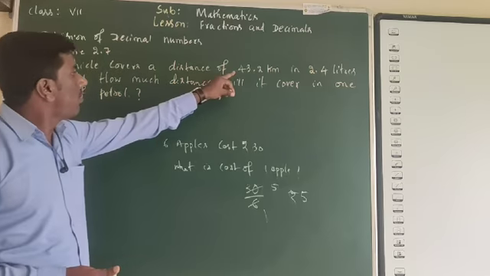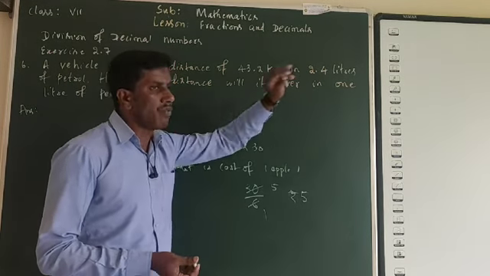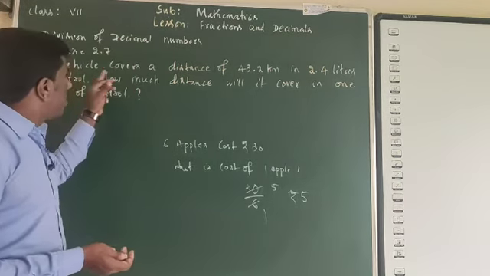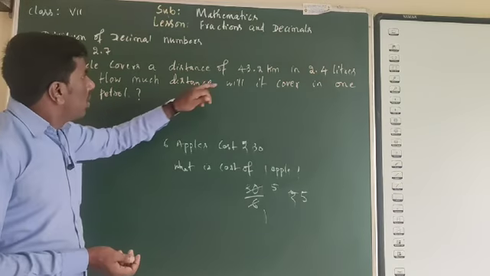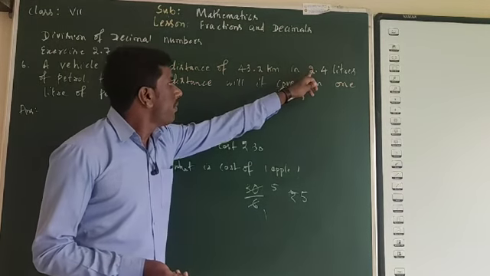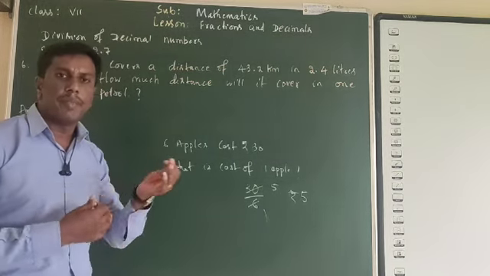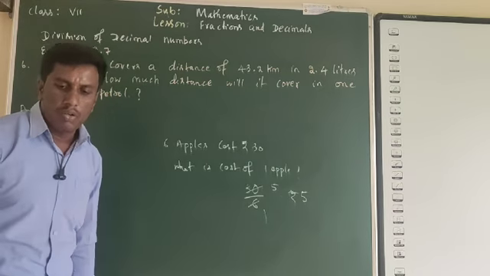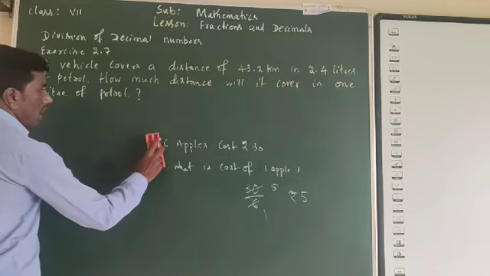It covers a distance of 43.2 km in 2.4 liters. In order to get the distance for 1 liter, divide the total distance by the total liters. So what is the distance covered?